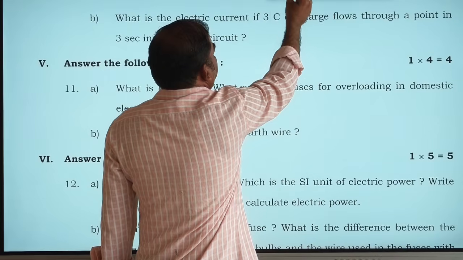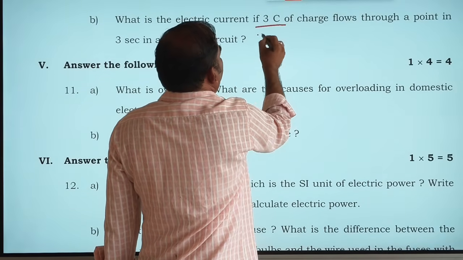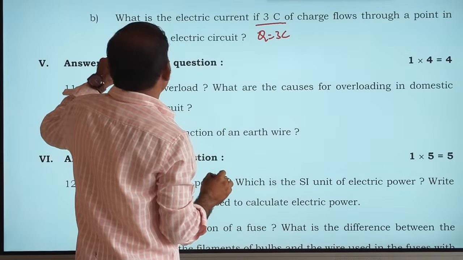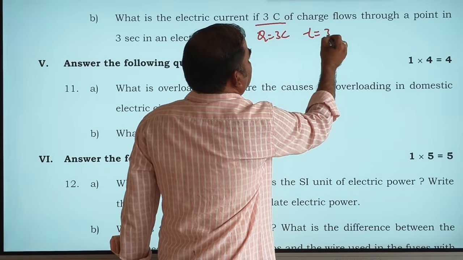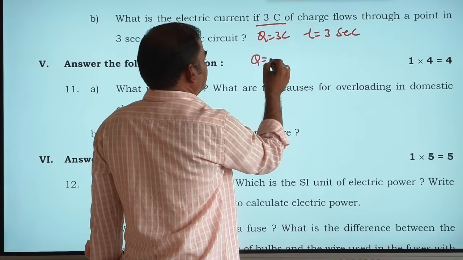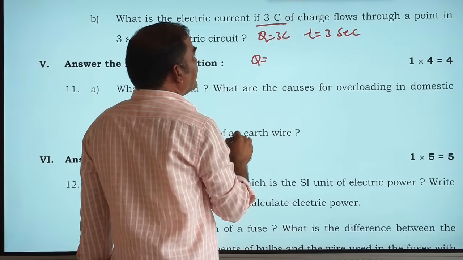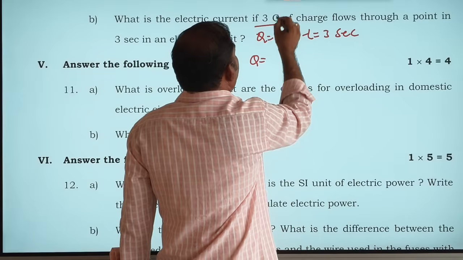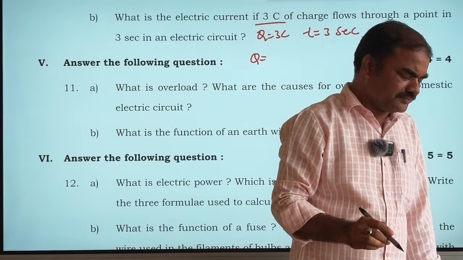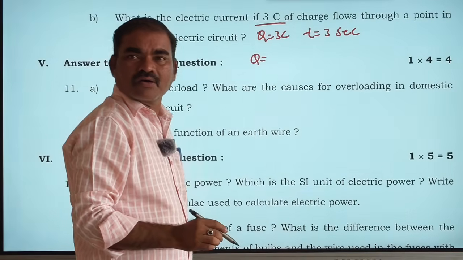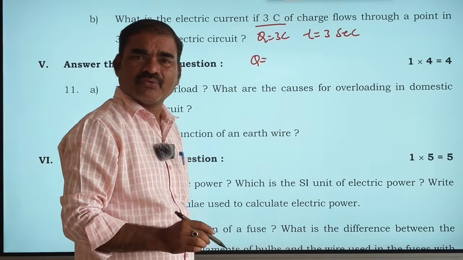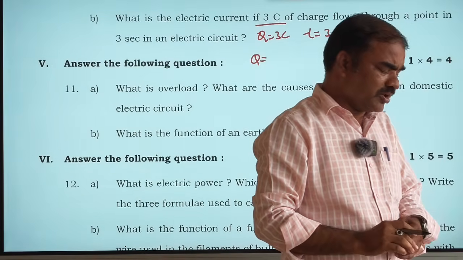Charge is given, Q equals 3 C, and time is given, 3 seconds. I equals what? What is the formula?